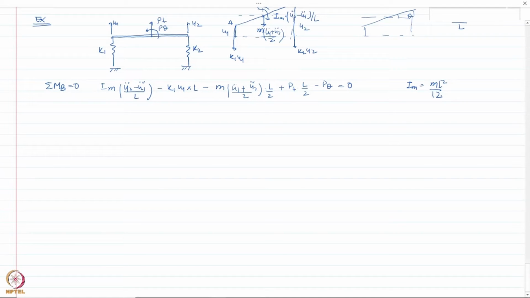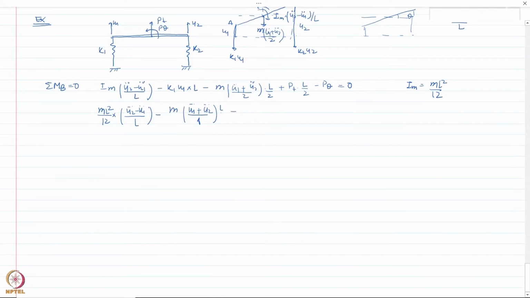So ml square by 12 times (u2 minus u1) divided by L, and then again I have this term, the acceleration (u1 plus u2) divided by 2 times L, and this becomes 4 here.